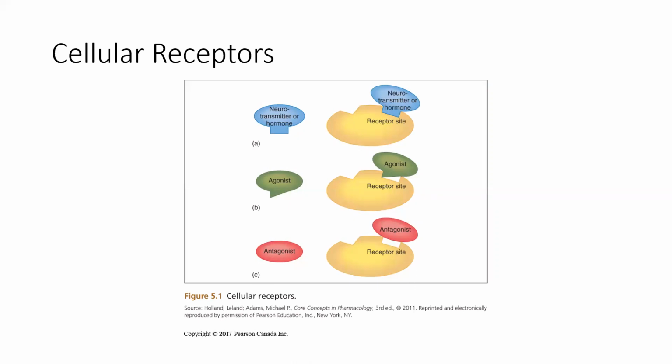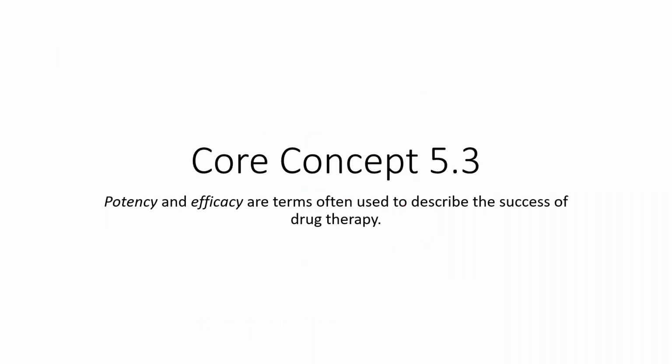If the shape does not match, they can't go in. For example, look at the agonist shape. It's going into the receptor site, and the antagonist is also going to the receptor site. So the shape of the receptor is the same, but which one fits depends upon the shape of the drug that's going to fit into the receptor.